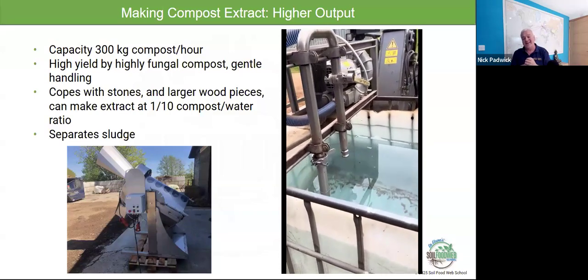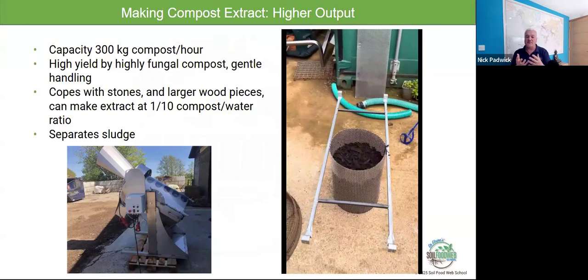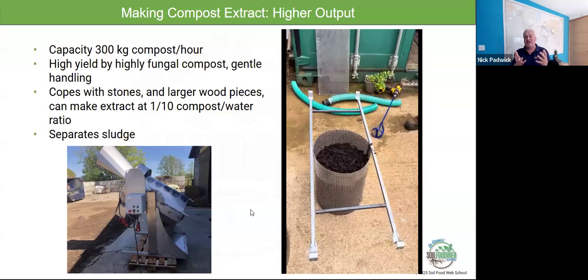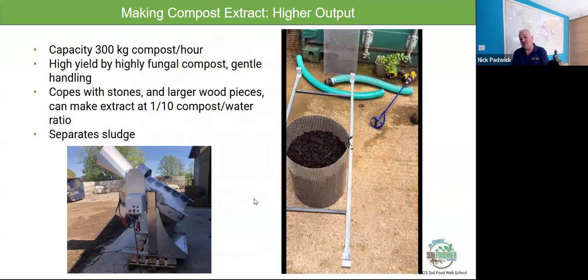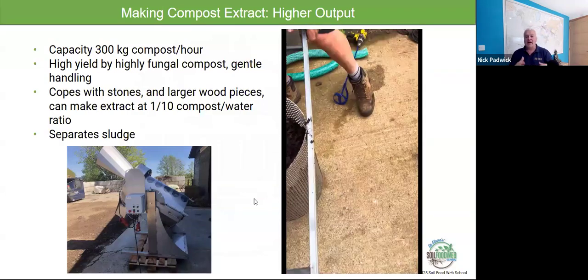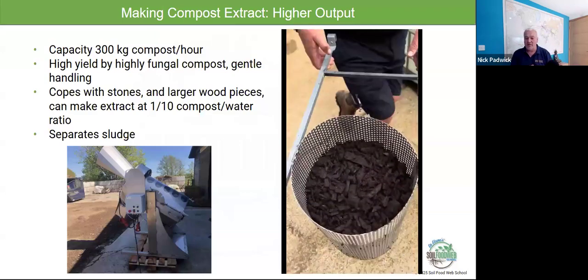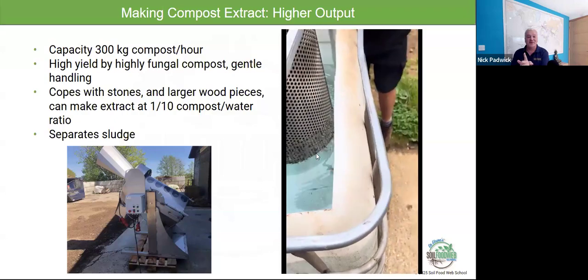You'll see it in a second, and we fill that up with compost. We lift that container and put it into the water, and on the floor there you can see a plasterer's paddle, and then we mix it up within the water. I'm not going to let you watch the rest of this because we'll do that next time.